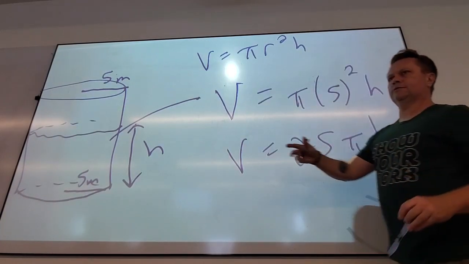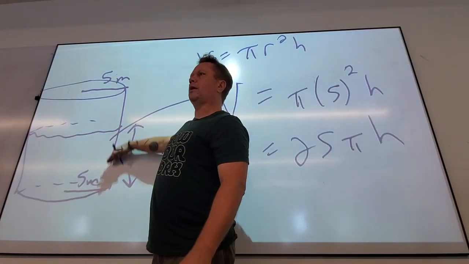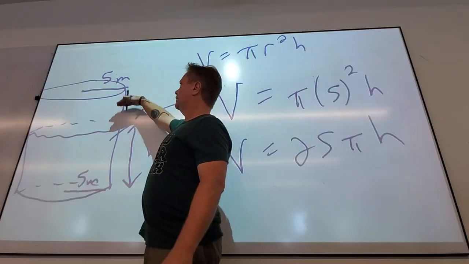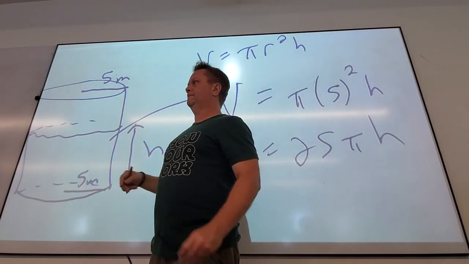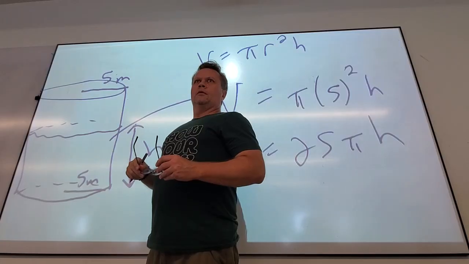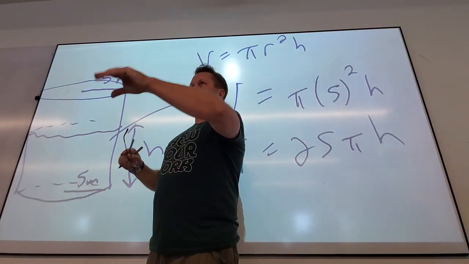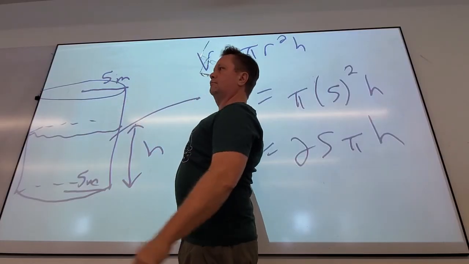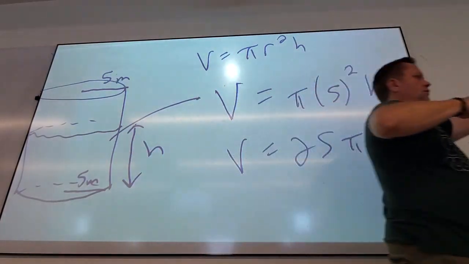Doesn't it make sense that the volume of the water depends on the water level, yes? If the water level is here, more volume of water. If it's there, less volume of water, right? This is a very simple example, because this is an established equation. We just had to plug one piece of information in it and we got our equation, yes?